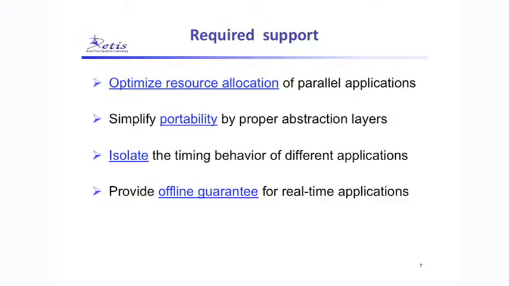On one end, we would like to optimize resource allocation, because most embedded systems do not have many resources in terms of processing power, memory, and so on. So we would like to optimize resource allocation, but at the same time manage the parallelism.